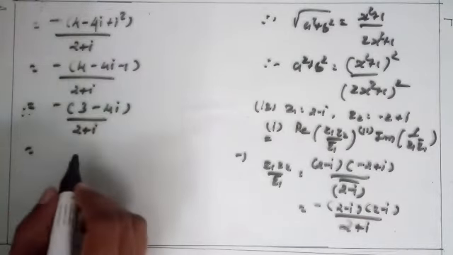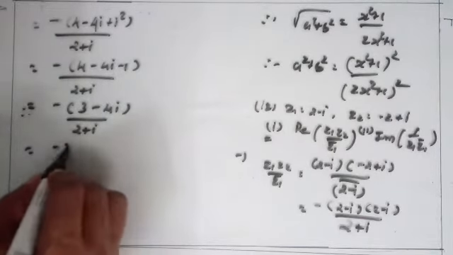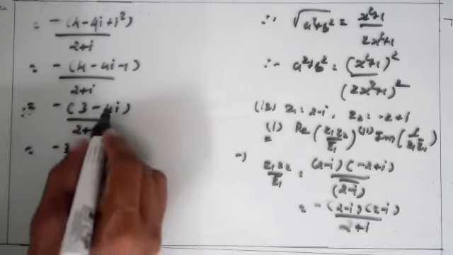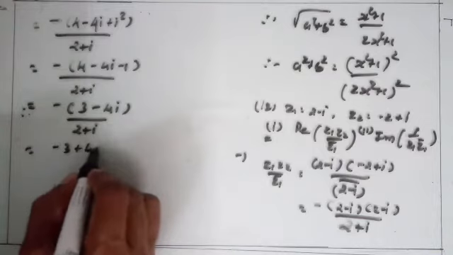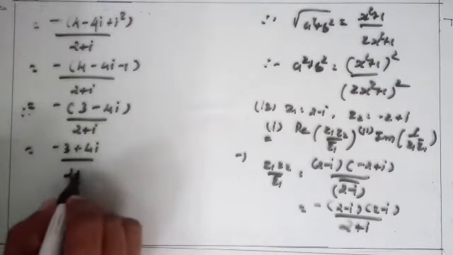So it is equal to minus, taking inside, minus 3 plus 4I upon 2 plus I.